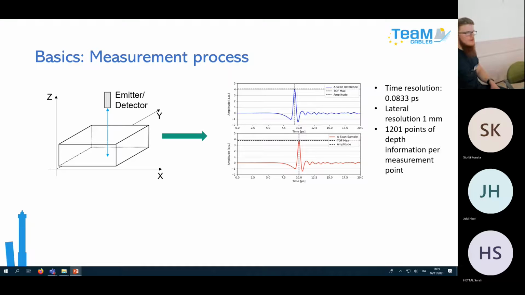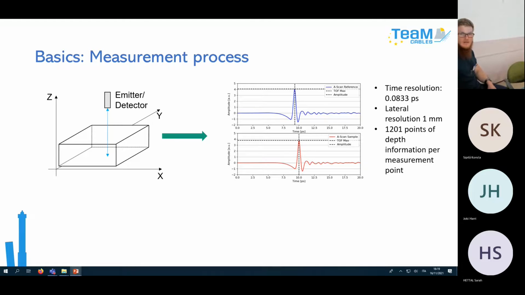These are 2 exemplary signals that you get. In the top, in blue, you can see a typical A scan for the reference. As a reference, we most of the time use air in the transmission mode. And in the lower part, you can see an A scan of a sample. First thing you notice, there is a time shift of the signals because the waves travel slower while in the sample.